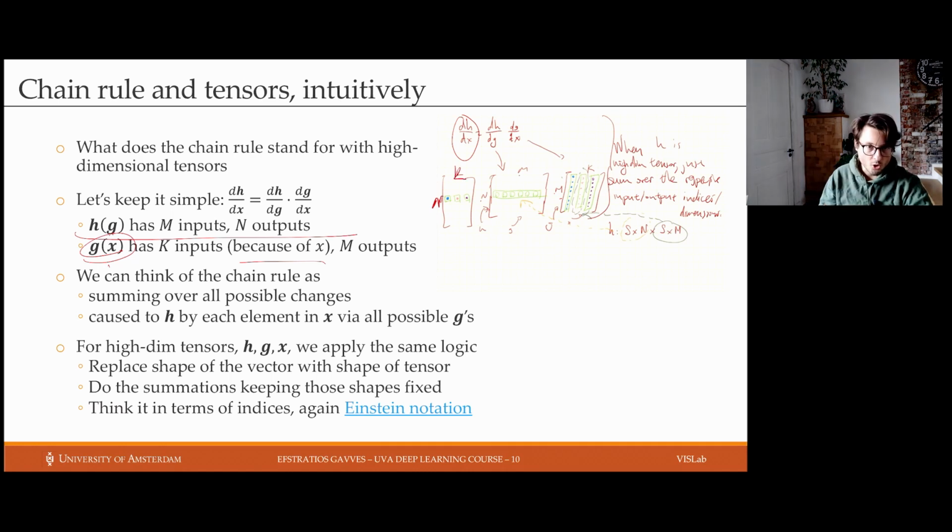Now, what does the Jacobian do here? The Jacobian captures the change in the output with respect to all possible changes in the input. So let's say that we're focusing on one of the dimensions of the output, like here, the blue guy.